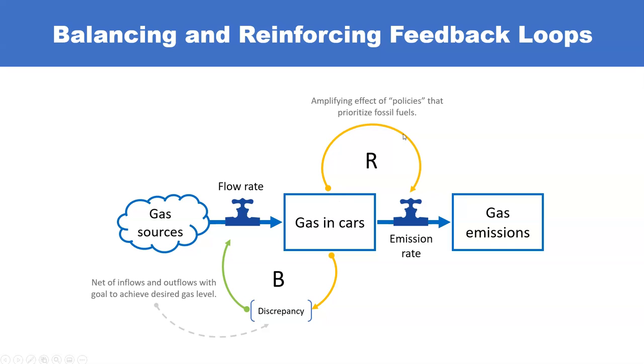And in the labeling, you could say amplifying effect of policies that prioritize fossil fuels. You can see that as more cars are built to run on fossil fuels, it will have an amplifying effect on the emission rate, because there are very few policies that would counter the use of gas, which creates the gas emissions. In this labeling, it's fairly simple.